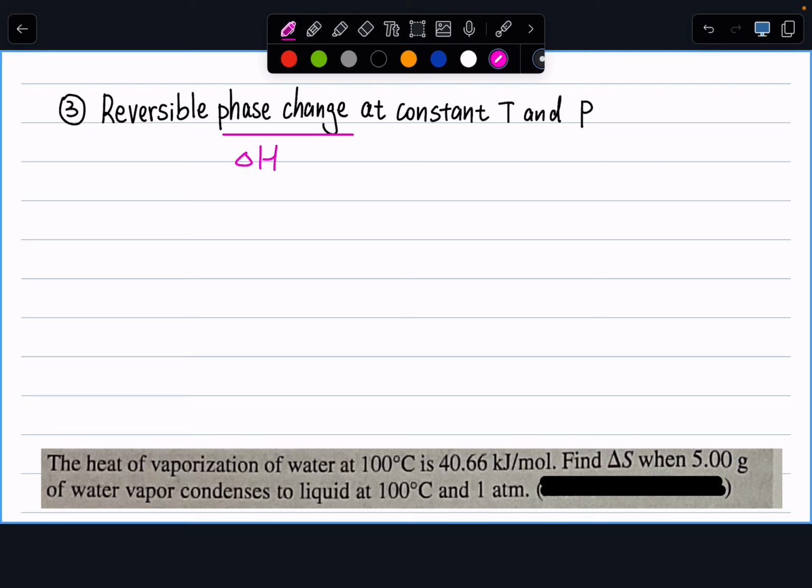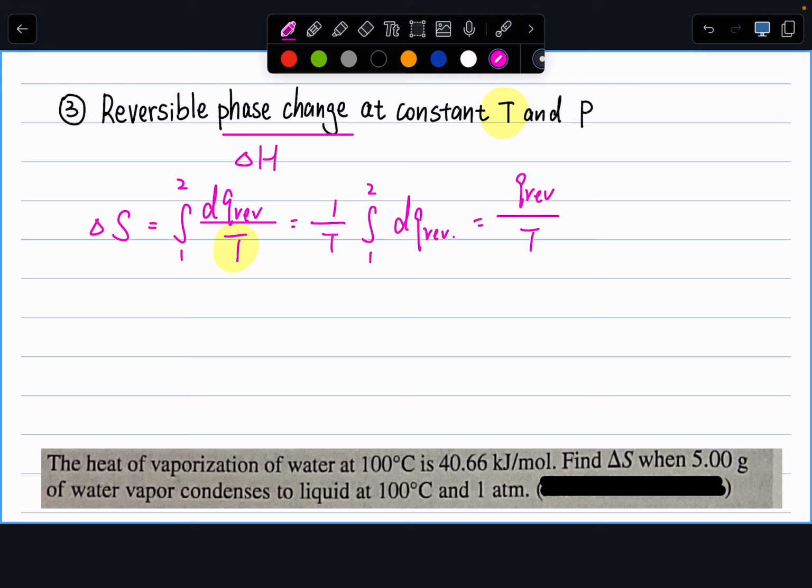Again, what we want to write out is first the definition of my delta S equals the integral from 1 to 2 of dq rev over T. A few things we know from reading the question. We know for this reversible phase change, it happens at constant temperature. So we can take this temperature out from the integral. It becomes 1 over T, integral from 1 to 2 of dq reversible, or you can write it as Q rev over T.